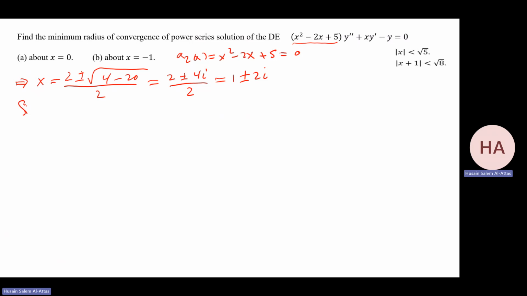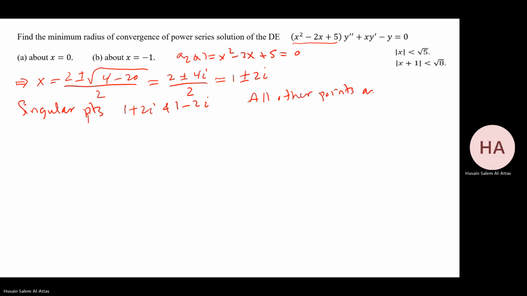So what are the singular points? They are x equal 1 plus 2i and 1 minus 2i. These are my singular points. All other points are ordinary.